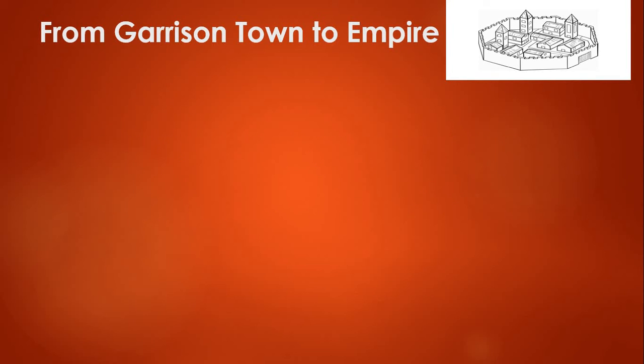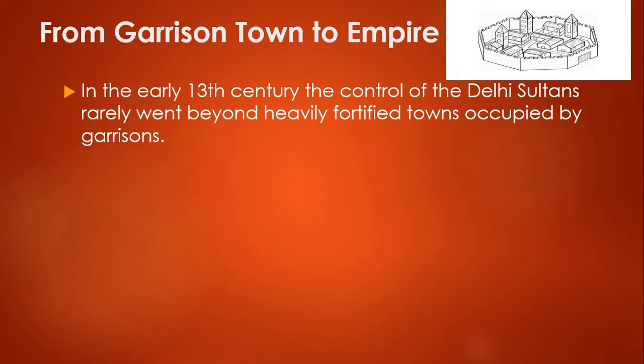From garrison town to empire. This image which you can see on the slide is a garrison town. It is a fortified town. A boundary is there. In the early 13th century, the control of Delhi Sultans rarely went beyond heavily fortified towns occupied by garrisons, or occupied by the soldiers.